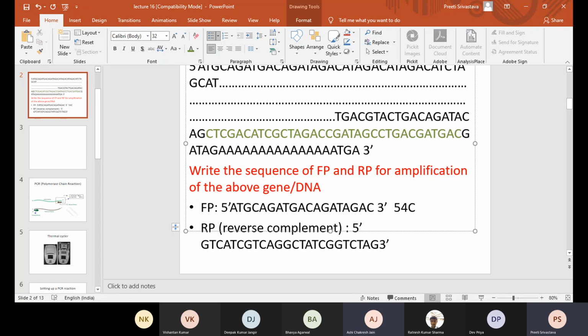Ma'am, I guess it's 74. 74. So is it a good primer? No. So in this case, what you are going to do is reduce the length. Simple.